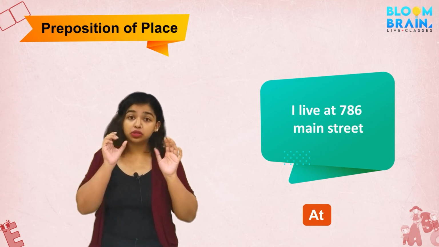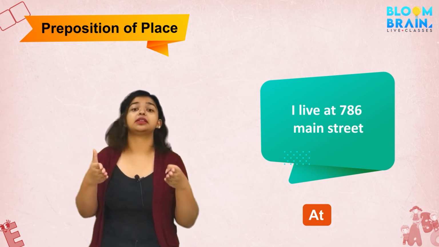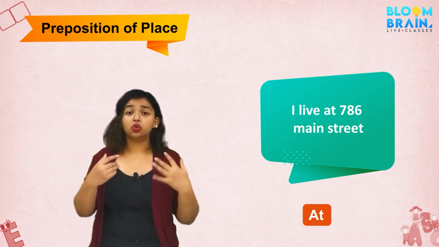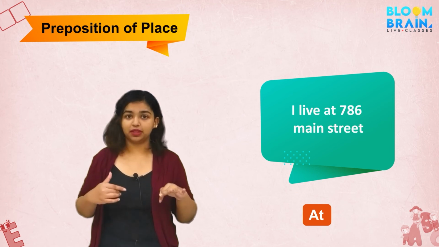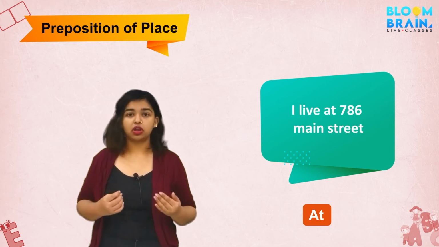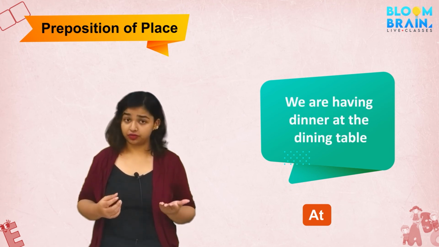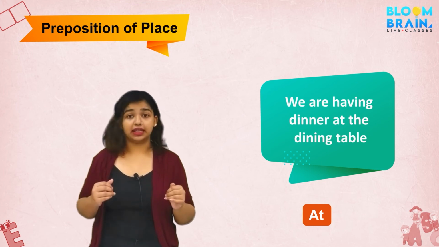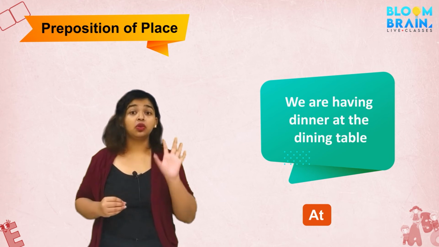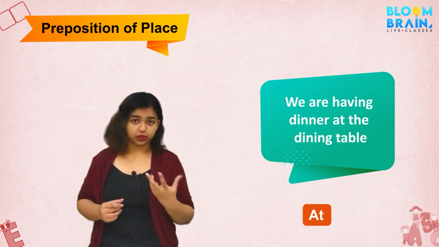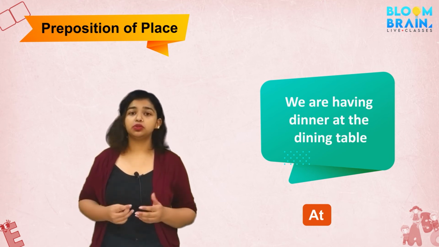So if you search this location, 786 Main Street, you will locate where I am exactly right now. Or we are having dinner at the dining table. There is another thing, whenever we are using the word home, we usually use at home.